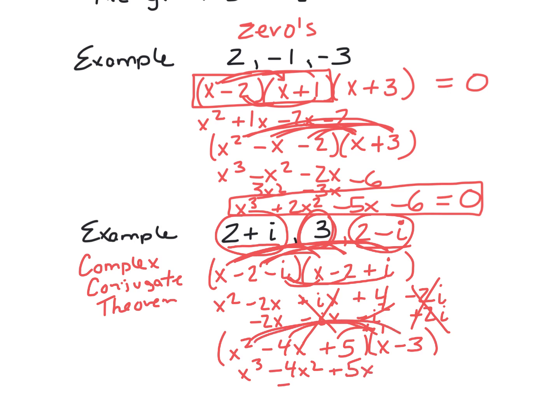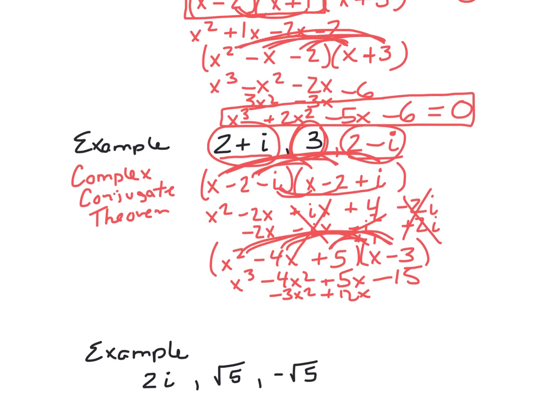I have a negative 3x squared, a positive 12x, and a negative 15. I would then combine like terms, and I would end up with this cubic equation that would have those given zeros.